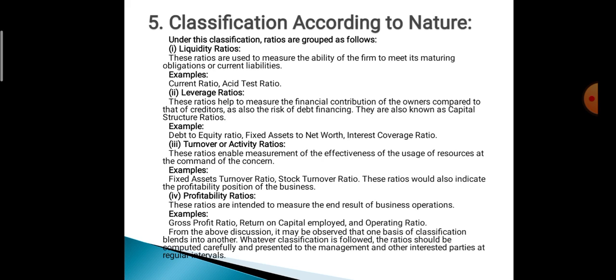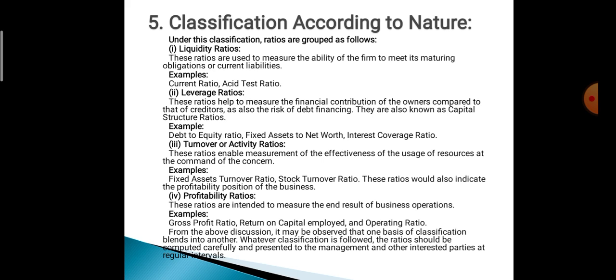Ratios for management indicate efficiency of the management, that is operating ratio, stock turnover ratio. Ratios for creditors help in ascertaining the short term and long term solvency of the business undertaking. Example, current ratio, payables turnover ratio, debt equity ratio.